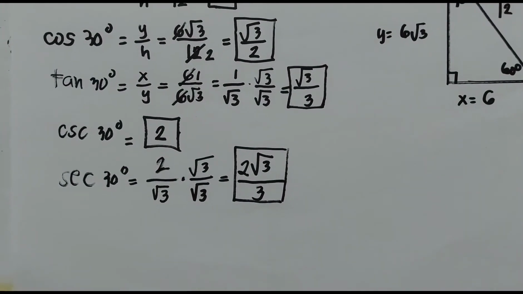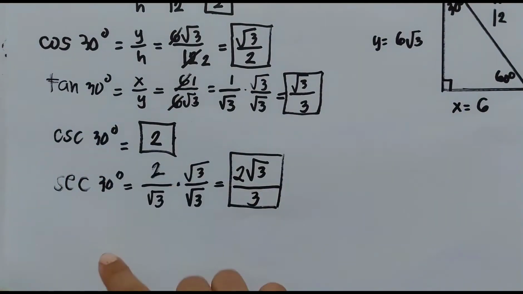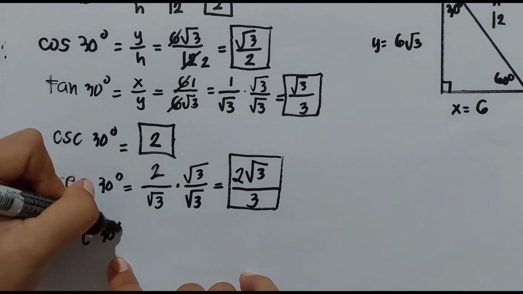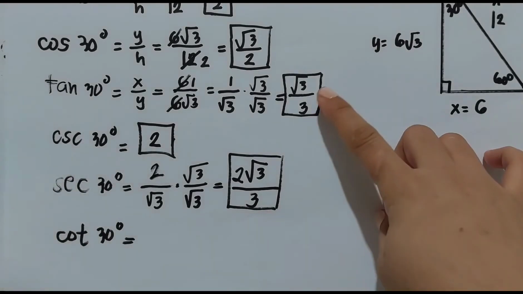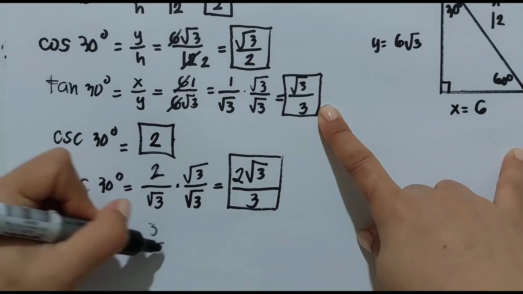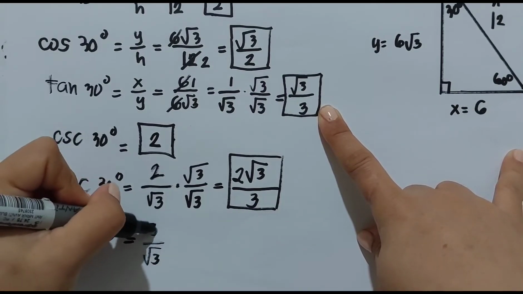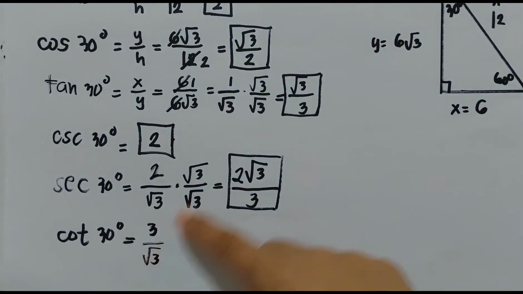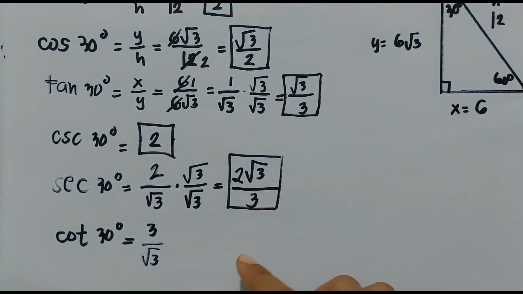Okay. What about the opposite of tangent? Okay, it is cotangent 30 degrees. Tangent 30 degrees is square root of 3 over 3. We will flip this. So, the square root of 3 that is at the bottom, the 3 goes to the top. It is the inverse.